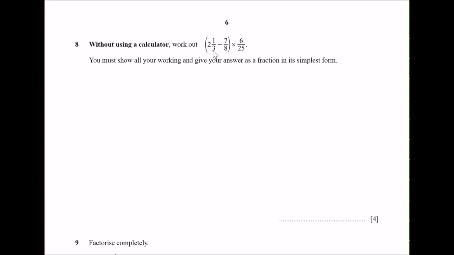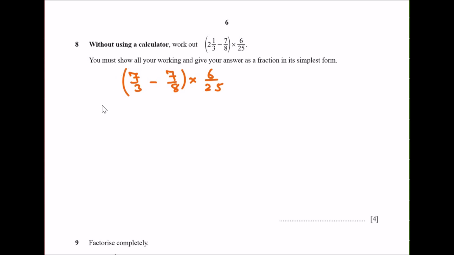We have a mixed fraction, so we'll change it into an improper fraction. So 2 whole 1 by 3, 3 twos are 6 plus 1, 7 by 3, minus 7 by 8, into 6 by 25. So first step done. Now we need to simplify the bracket.